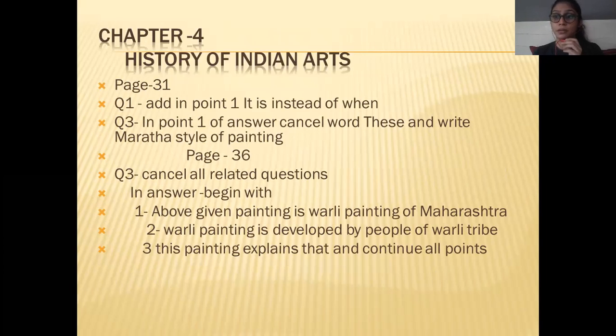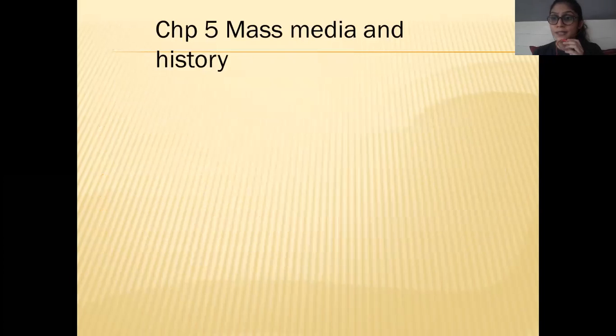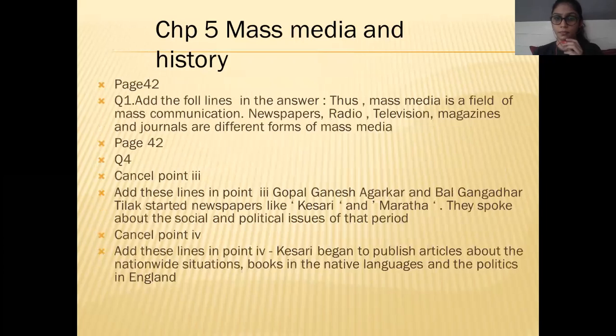Let's come to chapter number 5, that is mass media and history. Now, on page number 42, question number 1, you have to add a few lines in the answer.